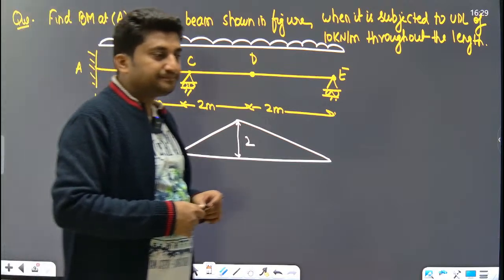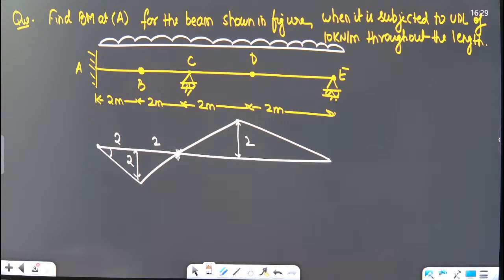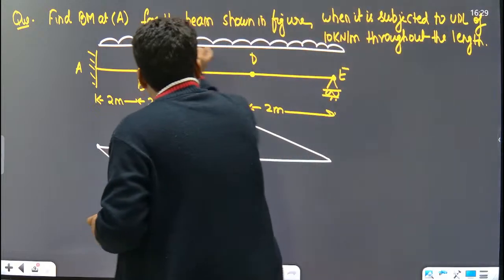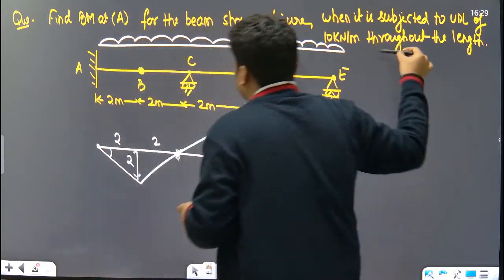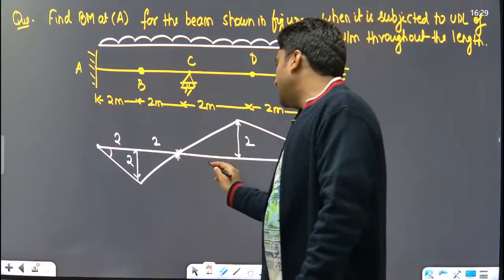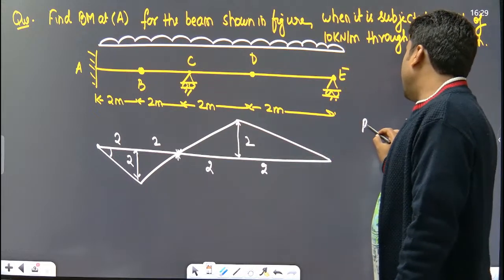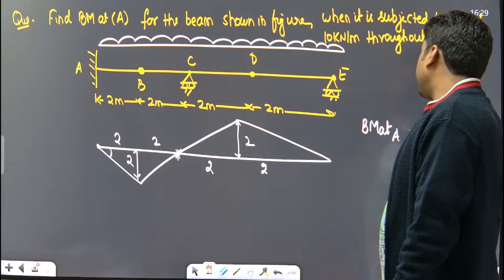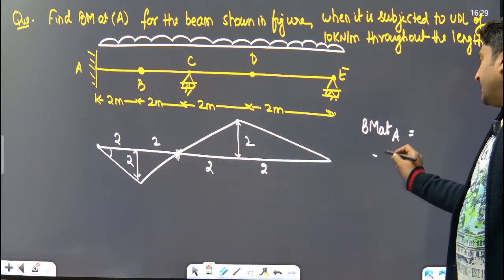Clear, everyone? Now what is the net bending moment at A if this much amount of UDL, 10, is moving on the beam? The area under the curve, since all are symmetric, this is negative and this is positive. So net bending moment at A is equal to negative half base into height.